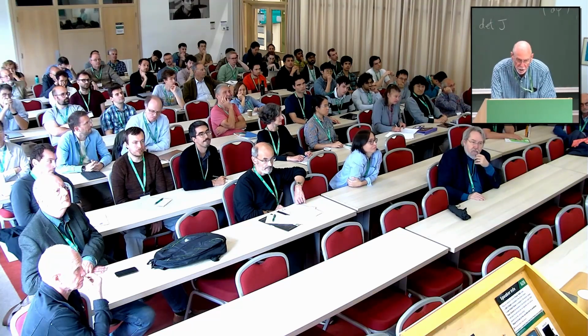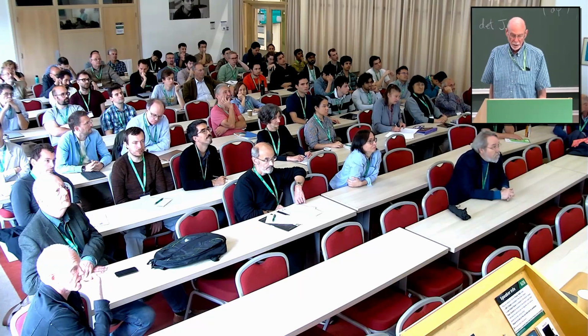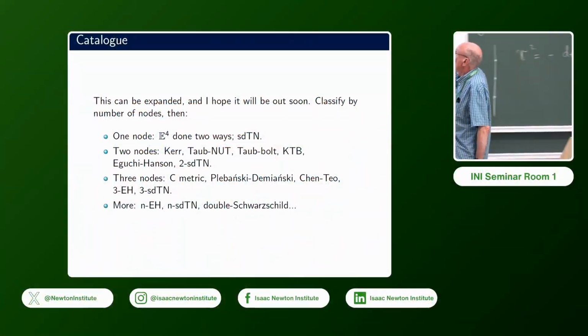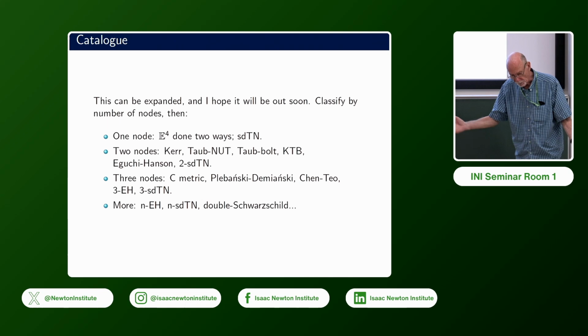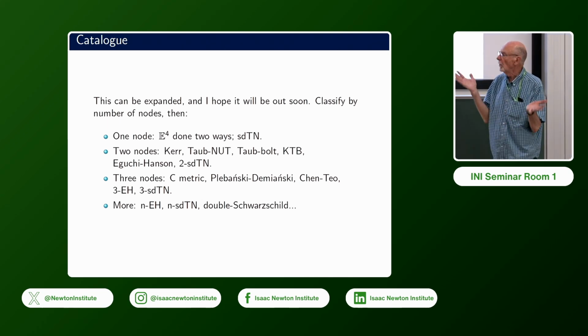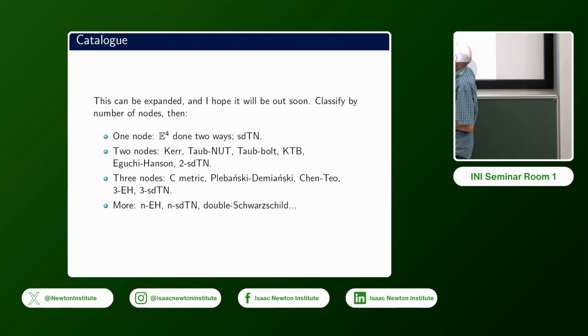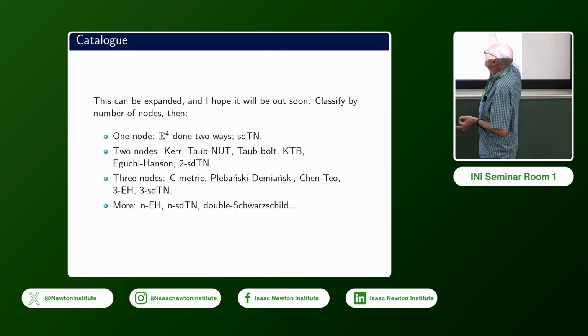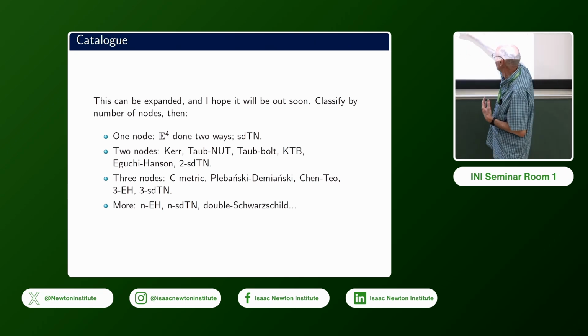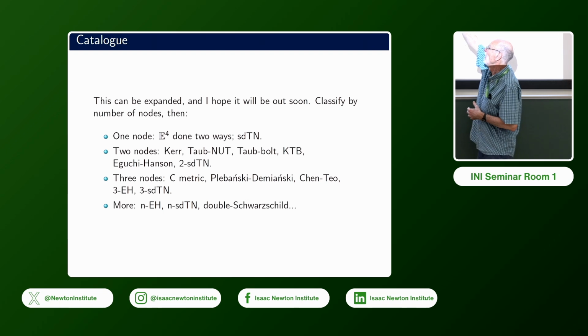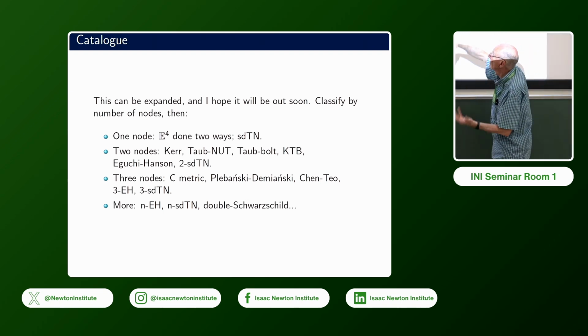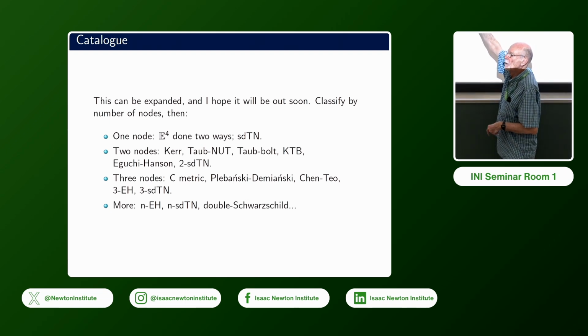The Chen-Teo metric has, as you say, 5 or so parameters, and there's a limit of it which makes it Plebanski-Demiansky, which is a bit odd because this is asymptotically flat, this is asymptotically Euclidean, and there's another limit of it which makes it one or other of these, I forget which.